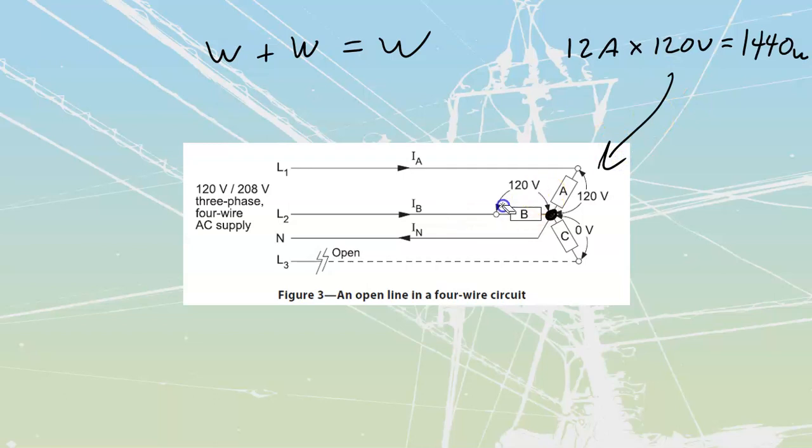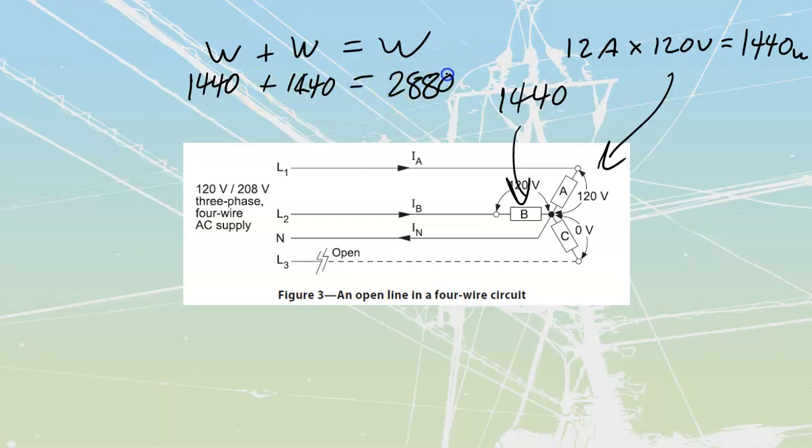And then for this resistor over here, which is also operational, we are also going to have another 1440. If I add those together, 1440 plus 1440, it's going to equal 2880 watts that we are going to have.